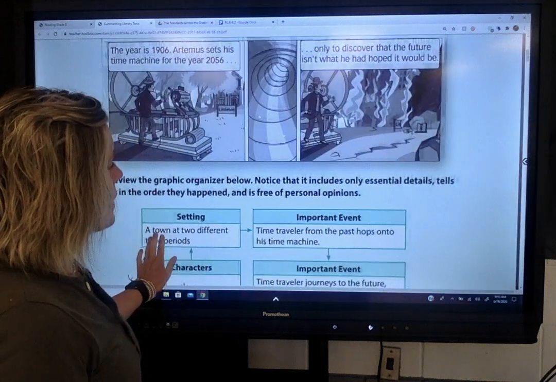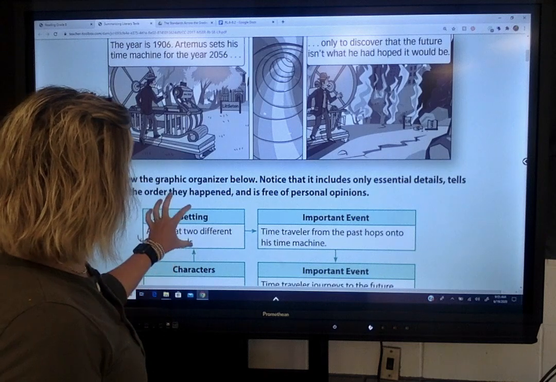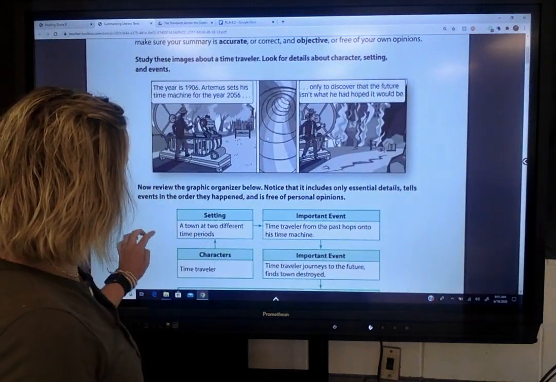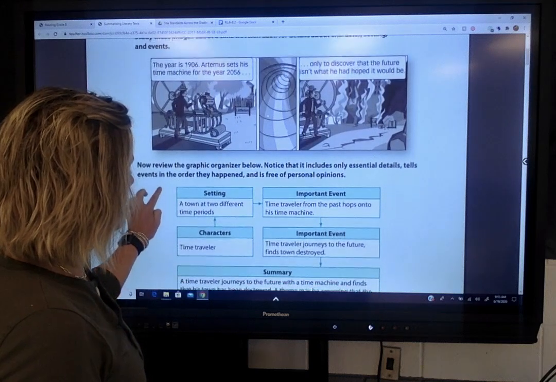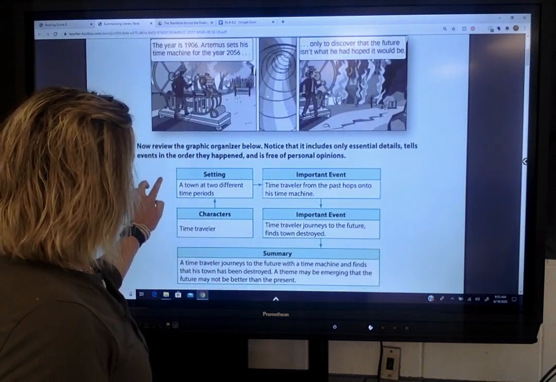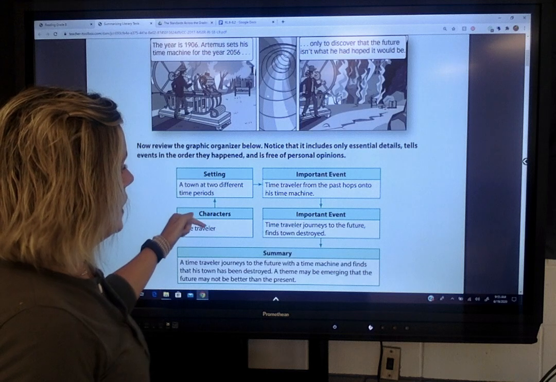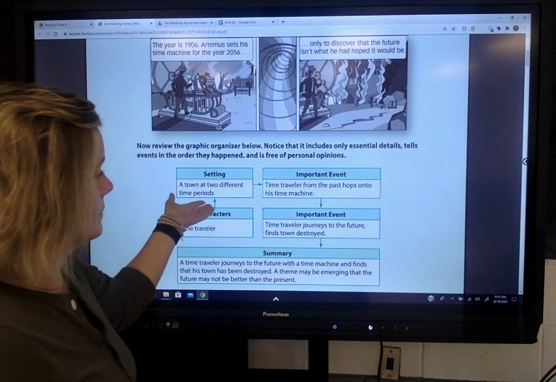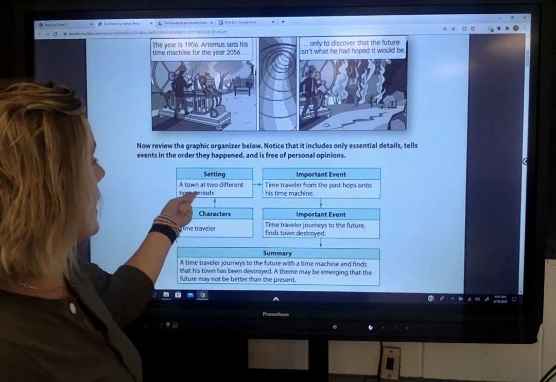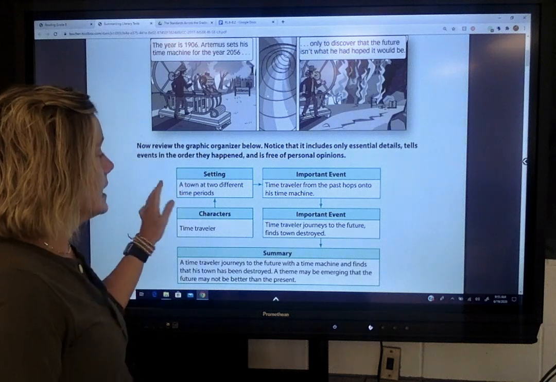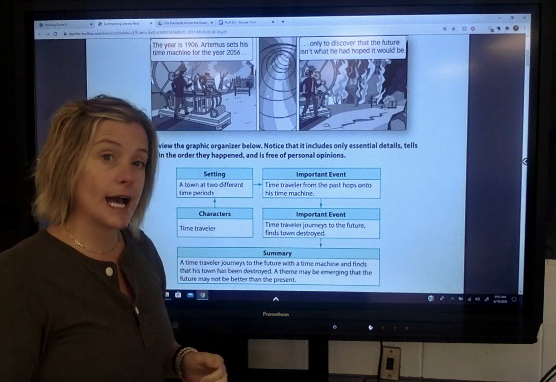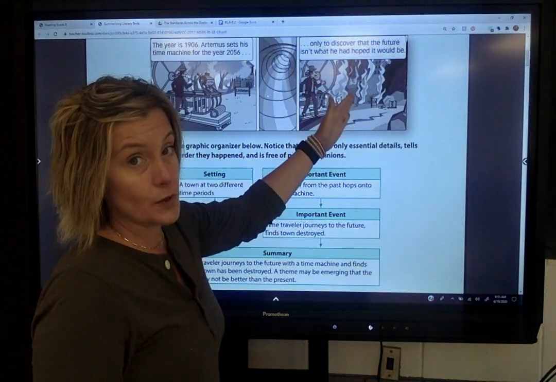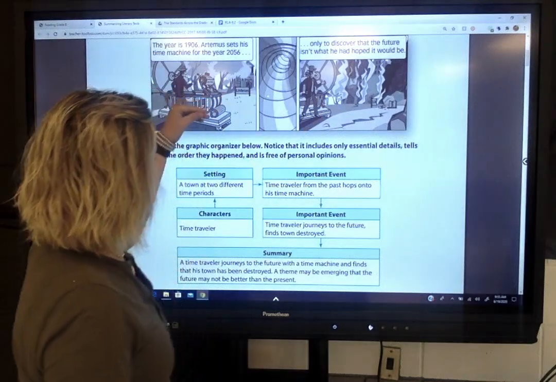Now, if you use a graphic organizer, which I think can be helpful, who is it? The character is the time traveler. And the when and the where is going to be the setting. And it's a town in two different time periods. You can see he went from 1906 to 2056, and he wasn't pleased with what he saw.